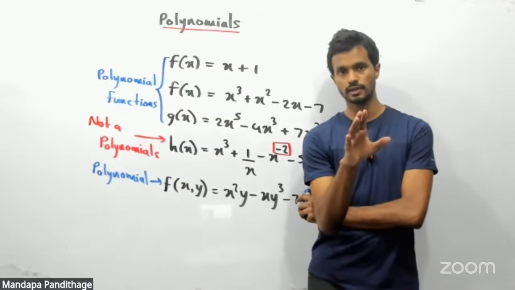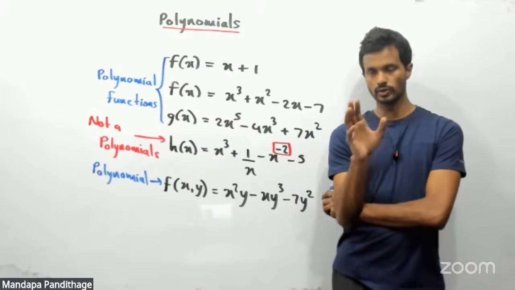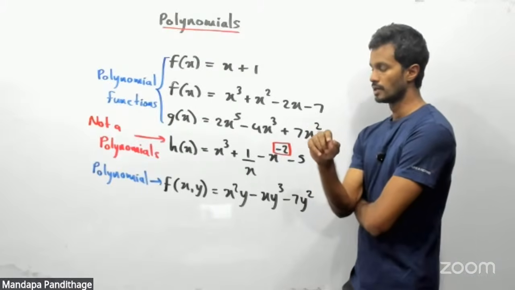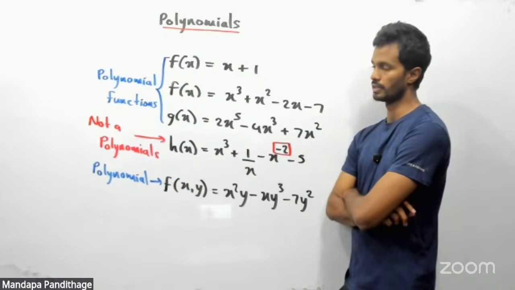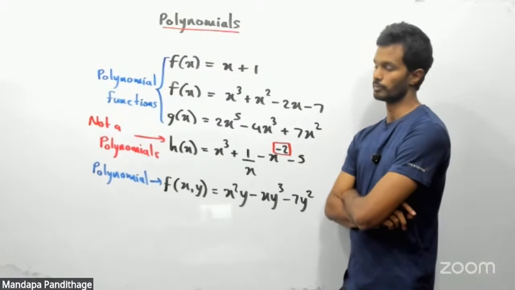Did I start with a function? No, singular. Okay. Write the words polynomial function using a red pen. Is known as a polynomial function.